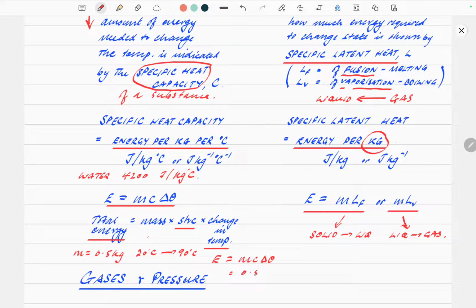So that's going to be 0.5 times 4,200 times 70. Water actually has a very high specific heat capacity compared to a lot of other substances. So 0.5 times 4200 times 70, and there you go, 147,000 joules, or 147 kilojoules. In those calculations, either form of answer is perfectly acceptable.